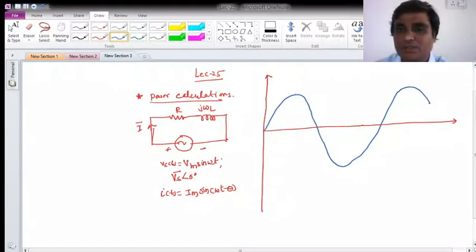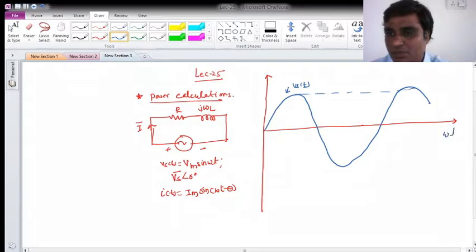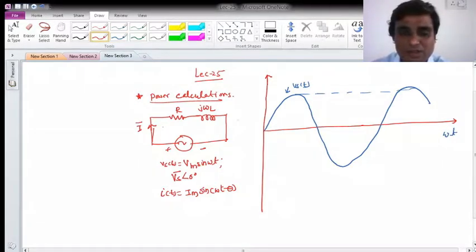This was my Vs of t, with respect to omega t. Once I know this, I have calculated I of t, the steady state current in the RL load, and I observe that it will be lagging by an angle of theta.